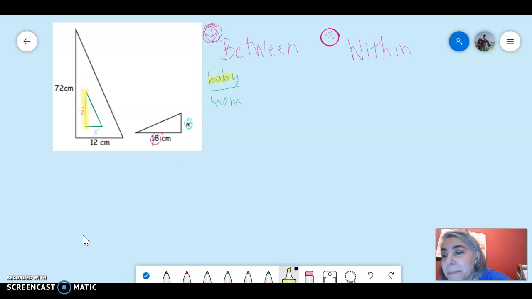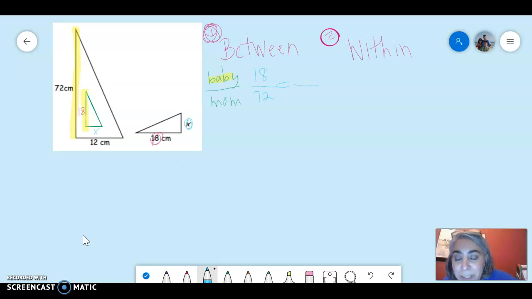I'm going to take this baby 18 and put the 18 here. Then my job is to find the corresponding part, which means the same piece on the mama triangle. So I'm going to put the 72. Done. Then I need to finish out this proportion, so I need to go back into my triangles.